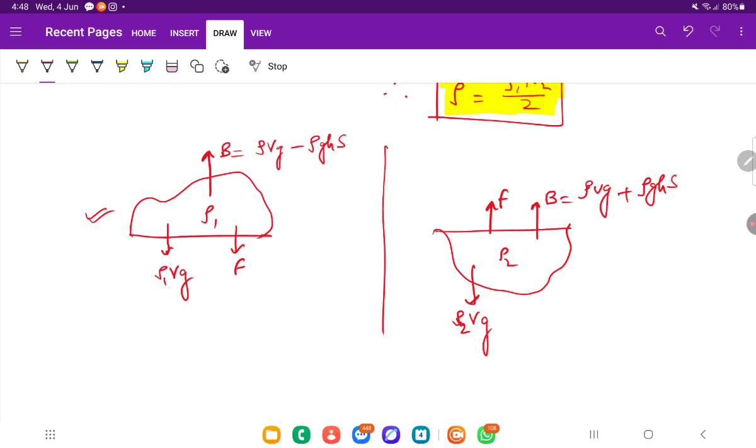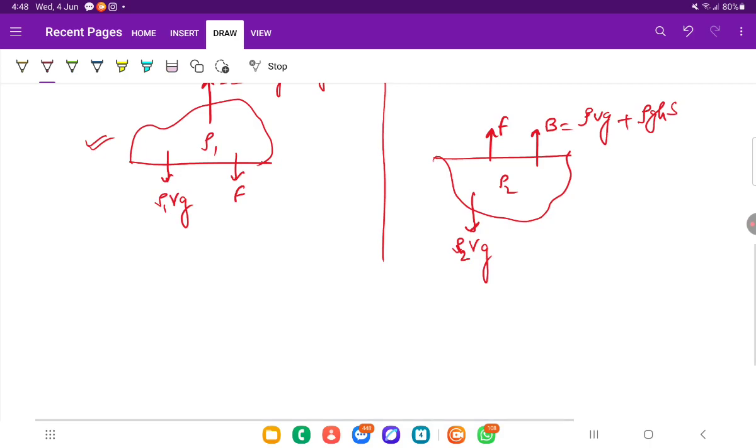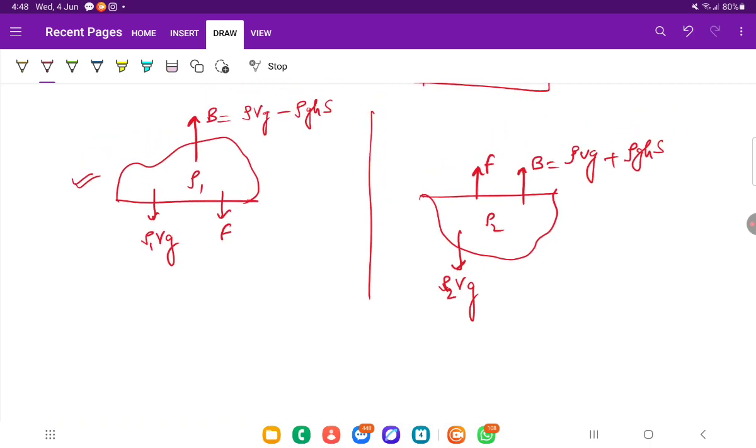As you can understand, if the h value changes, the buoyancy force value will also change. So at a certain point there will be a condition when the glue force will not be sufficient to keep these two intact. That's what the question is asking us.